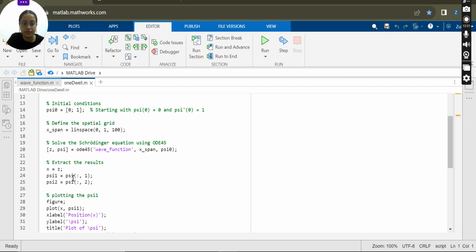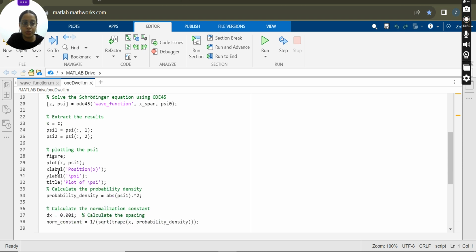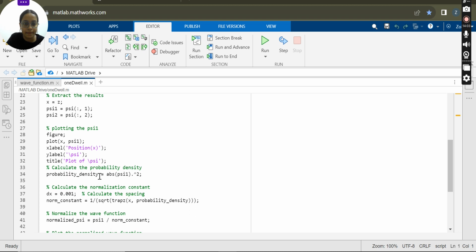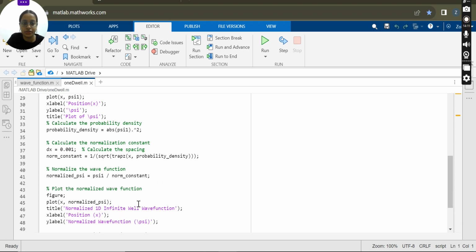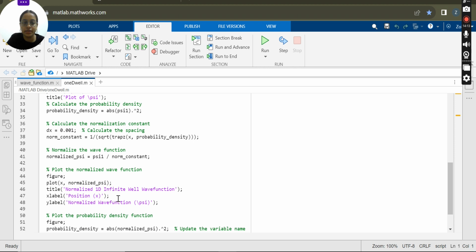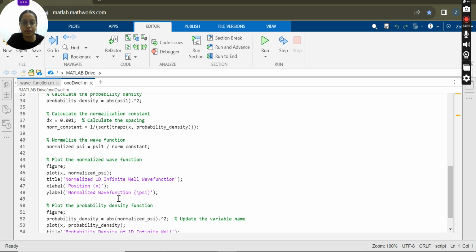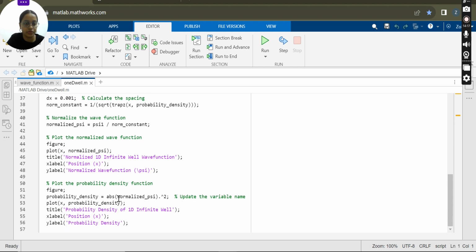So I have extracted psi1 from this psi, which was in the first column, and then psi2 from the second column. After that, I have plotted this psi1 without normalizing. After that, I have calculated the normalized psi by dividing by the normalizing constant, and then plotted the normalized wave function, which is the correct form of the wave function.